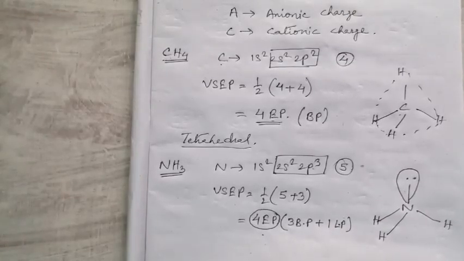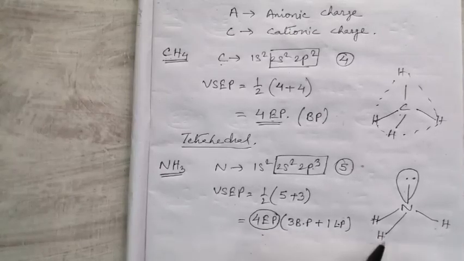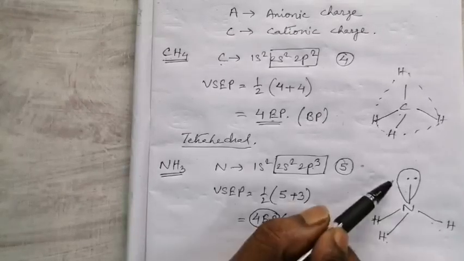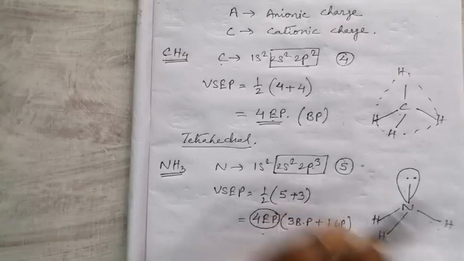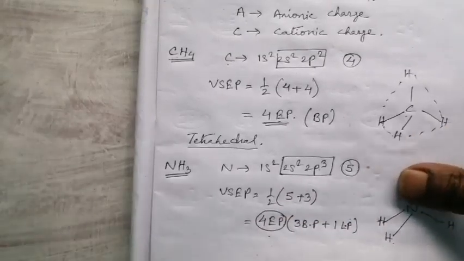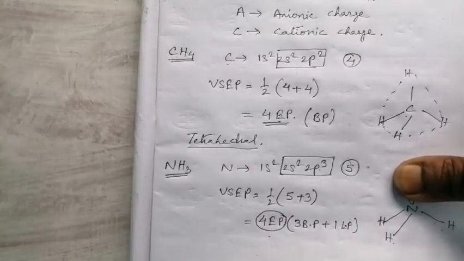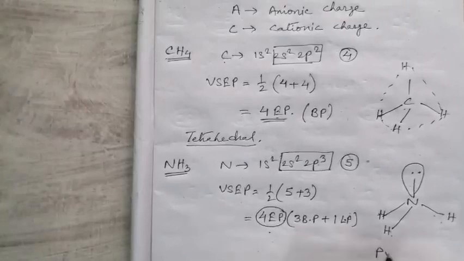Now, in any molecule, the shape or geometry of the molecule is considered as the relative arrangement of bonded atoms: this hydrogen, this hydrogen, this hydrogen, and not the lone pair. So we will omit the lone pair and we will see what is the actual shape of the molecule. The shape of the molecule looks like pyramidal.